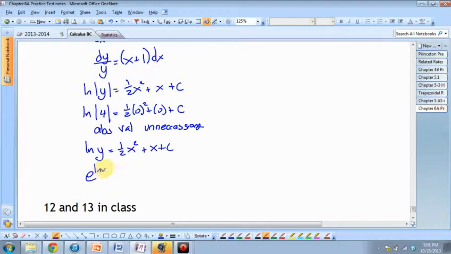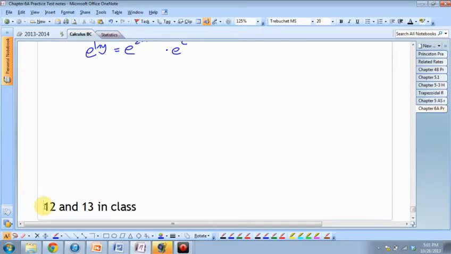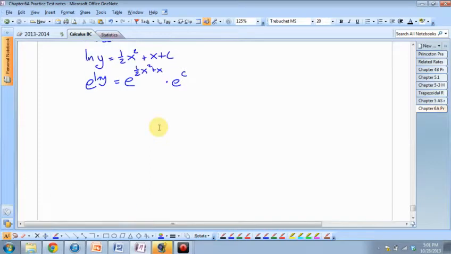E to the natural log of y equals e to the 1/2 x squared plus x times e to the c. Let me get us more room. And you're going to let a equal e to the c.